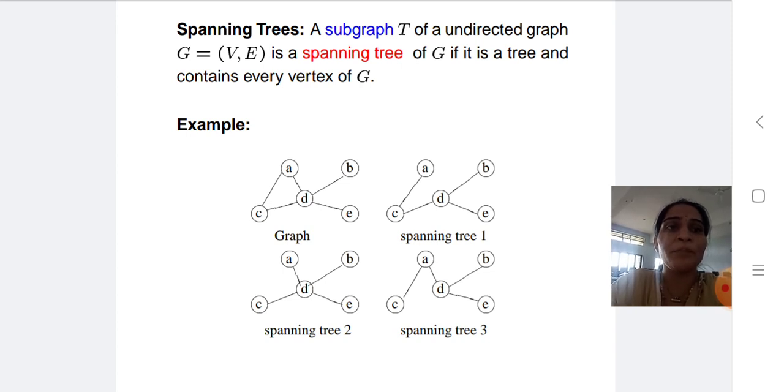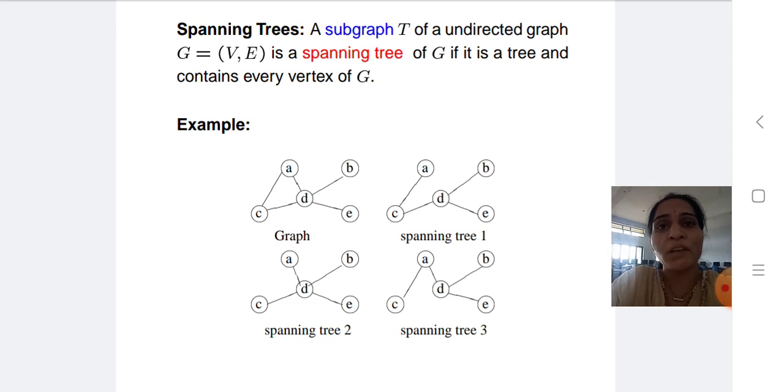First one is spanning tree 1. It indicates A, C, D, and from D there will be two branches, B and E. Here the loop will be removed, edge AD is removed from the graph, and a subgraph of graph G is formed, spanning tree 1.